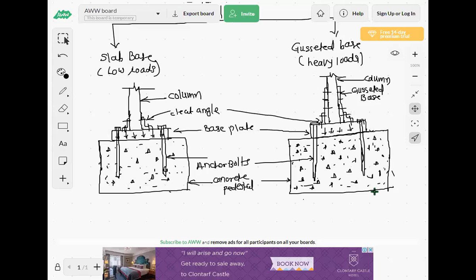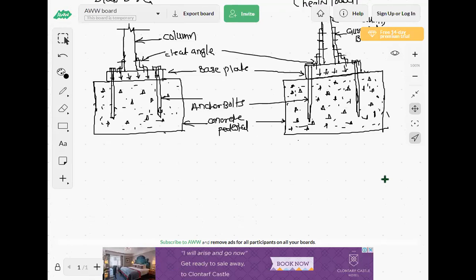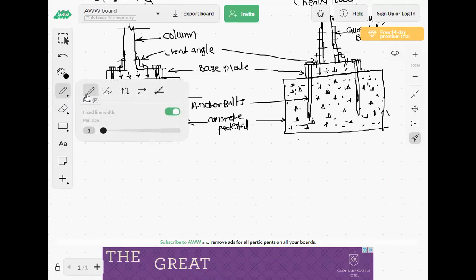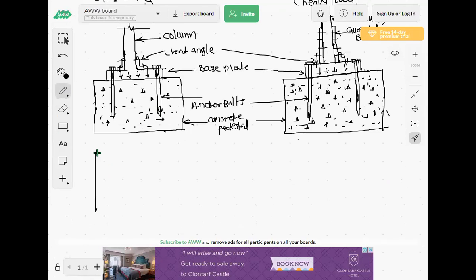So is this over? So this is the side elevation. Again I will draw here a plan of this particular base. Here this is the concrete pedestal. Then on the concrete pedestal this is the gusset plate.